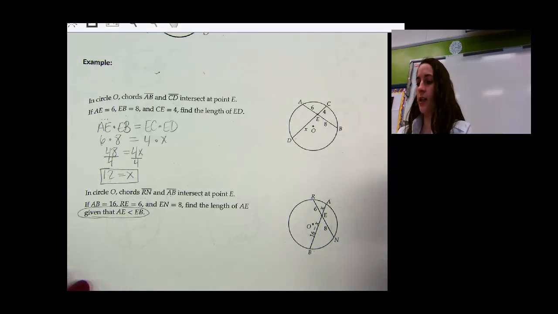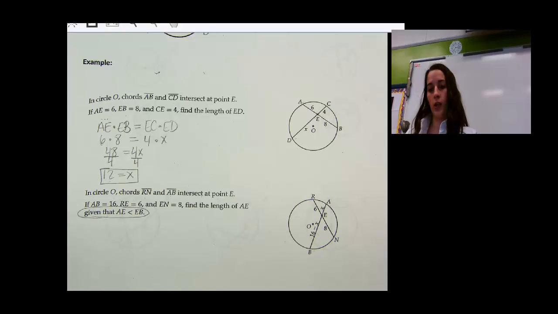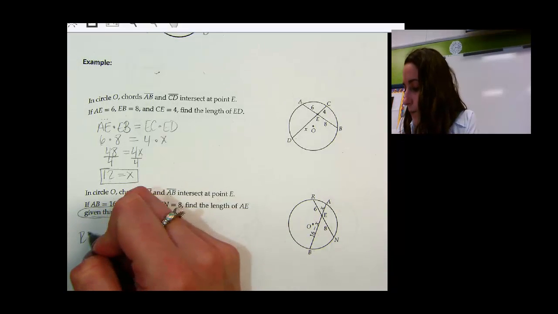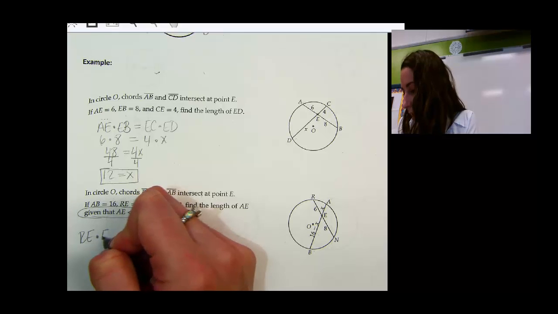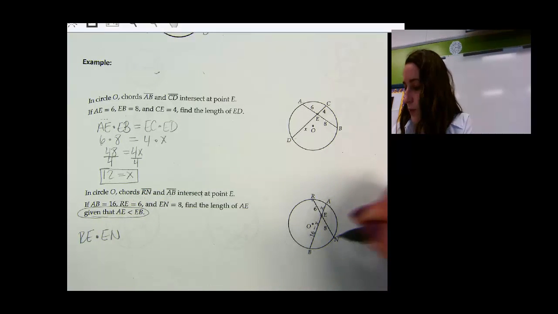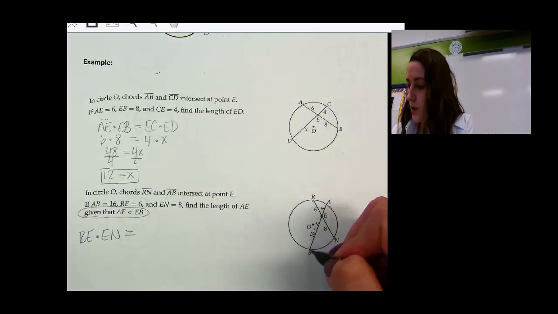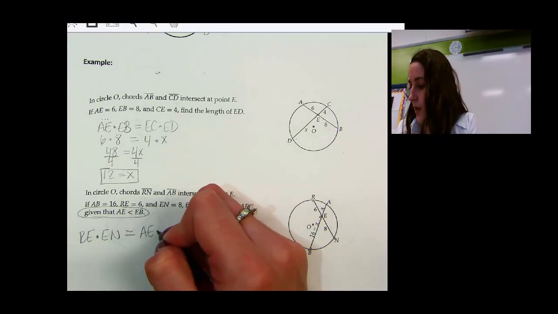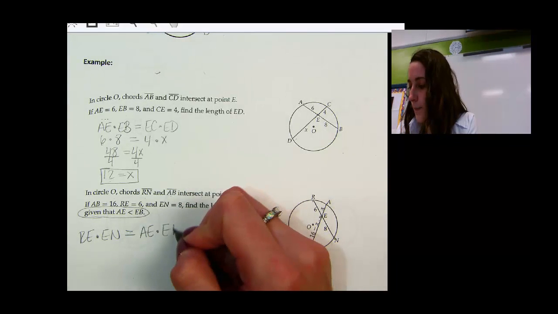So again, we know that the pieces of the chords multiplied together is equal to the pieces of the other chord. So let's go ahead and start to set this up. So we know that RE times EN, each piece of this chord, multiplied together is going to equal each piece of this chord multiplied together. So we're going to get is equal to AE times EB.